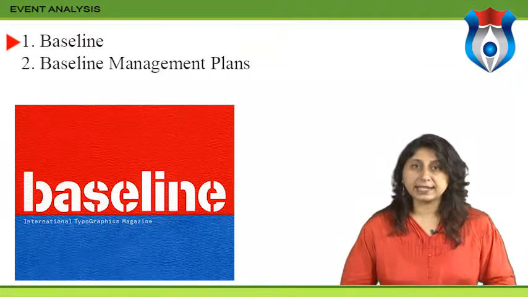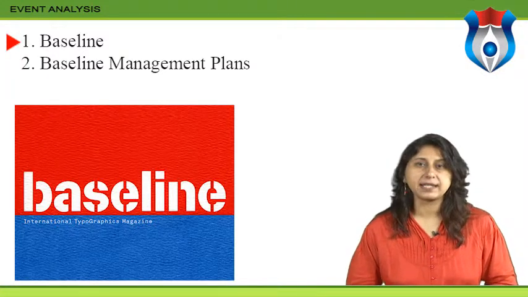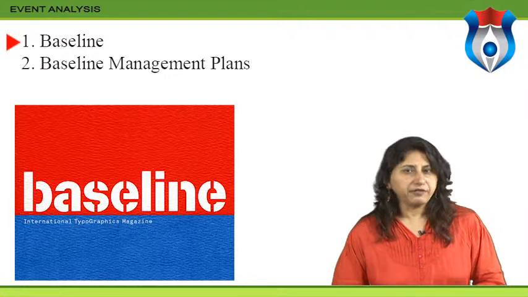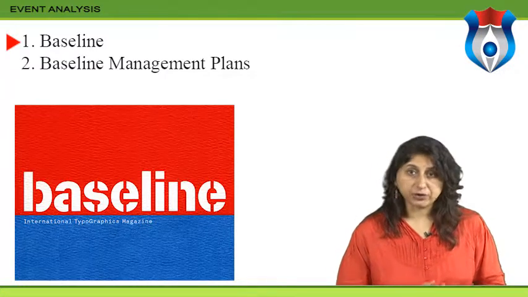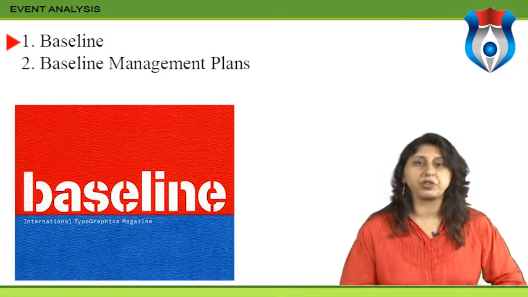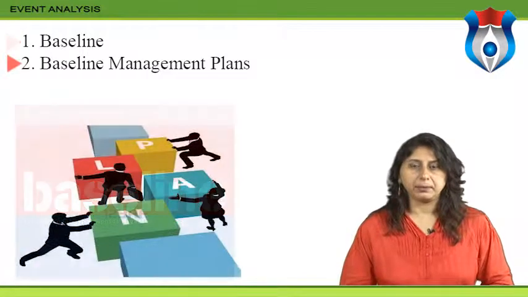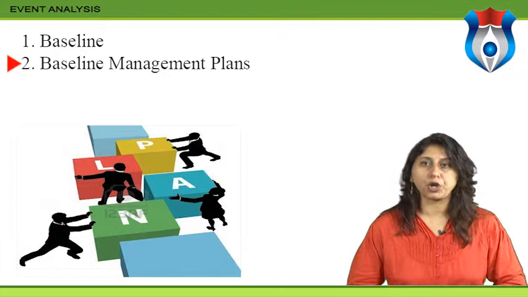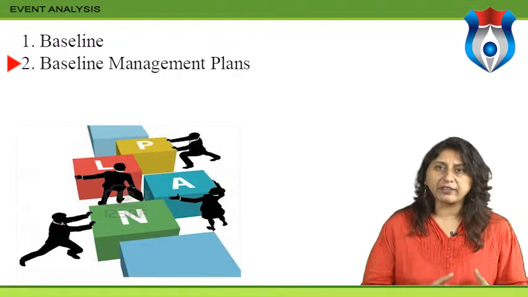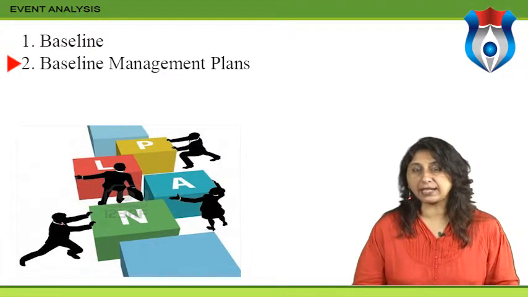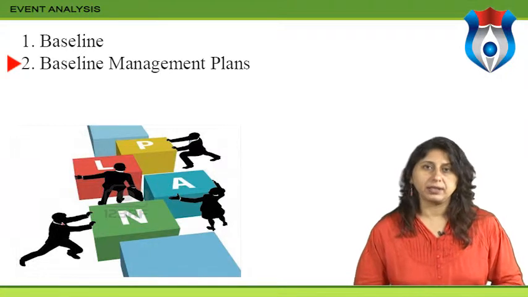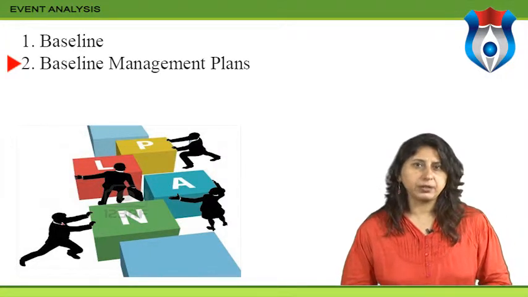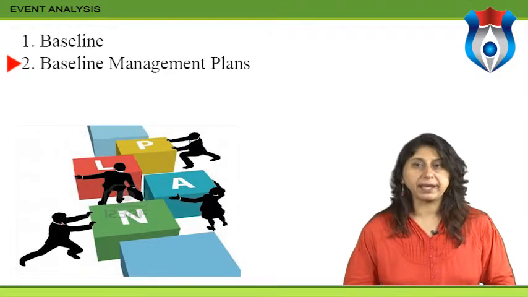These provide the stakes in the ground, that is, they are used to determine whether or not the project is on track during the execution of the project. Baseline management plans include documentation on how variances to the baselines will be handled throughout the project. Each project baseline will need to be reviewed and managed.